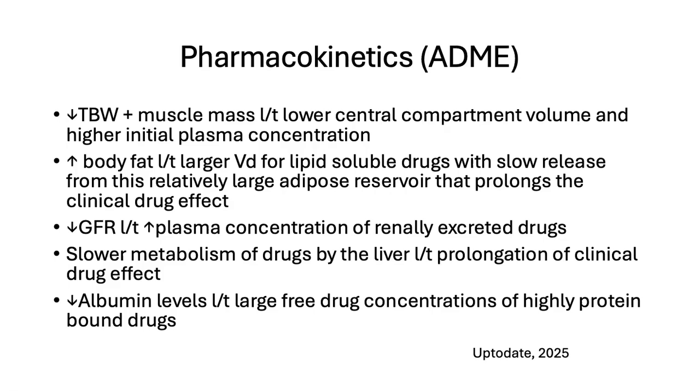They have a decreased glomerular filtrate, which leads to an increased plasma concentration of renally excreted drugs. They have slower metabolism of drugs by the liver, leading to prolongation of clinical drug effect. The decreased albumin levels that I mentioned lead to larger free drug concentrations of highly protein bound drugs.